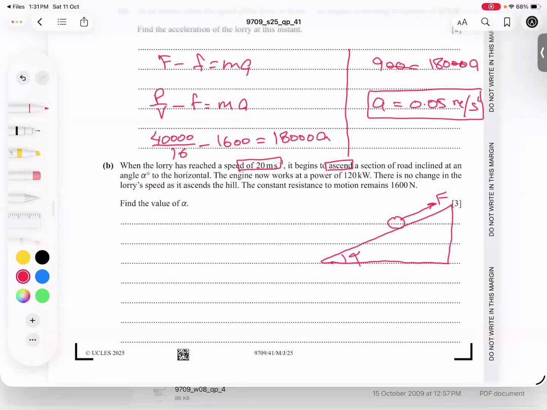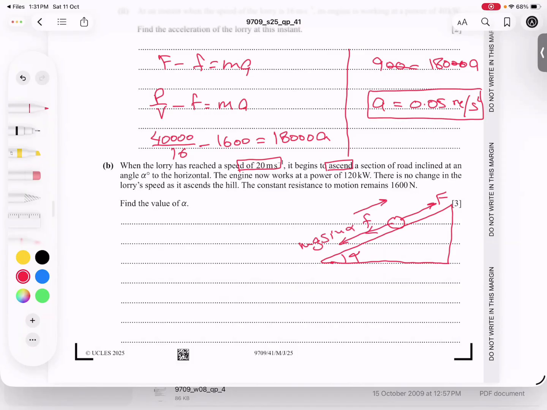And what is said? Further, the engine works with power 120 kilowatt and there is no change in the speed. Okay, fine. And the friction force is the same, find alpha. So you know when a particle travels upwards, two forces act downward: frictional force and mg sine alpha, the weight component.